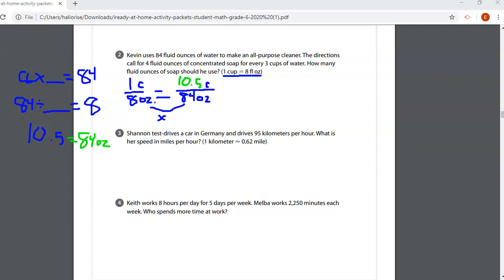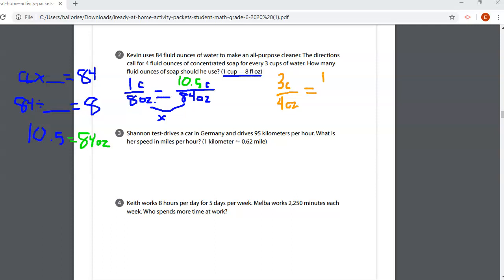Okay, so now the directions call for 4 fluid ounces of concentrated soap for every 3 cups of water. So if there are 3 cups of water for 4 ounces of soap, we know that his 84 ounces of water is equal to 10 and a half cups.